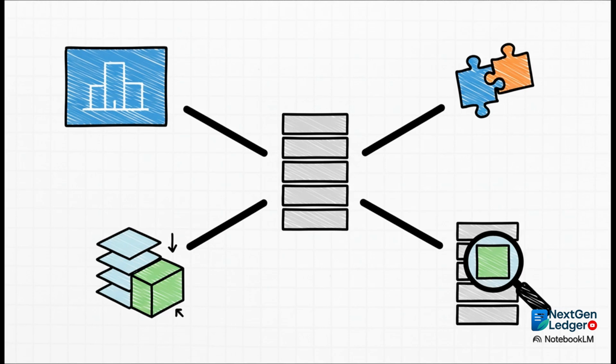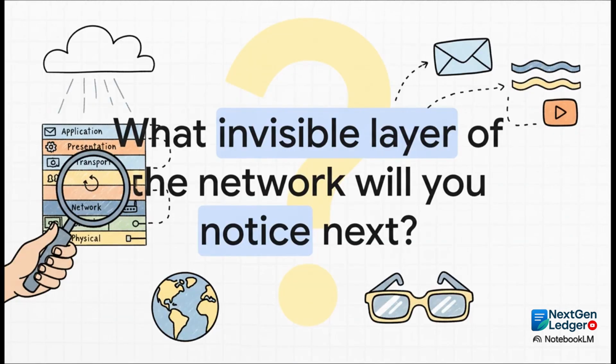Okay, it's not a layer 1 problem. It also allows for incredible innovation because someone can invent a new technology for one layer without having to redesign the entire internet. So the next time you send an email or stream a movie, you'll know. It's not magic, it's this beautiful 7-layer system working in perfect harmony. You basically have networking X-ray vision now. So the only question is, what invisible layer are you going to notice at work first?